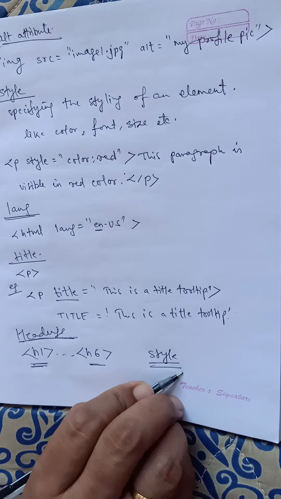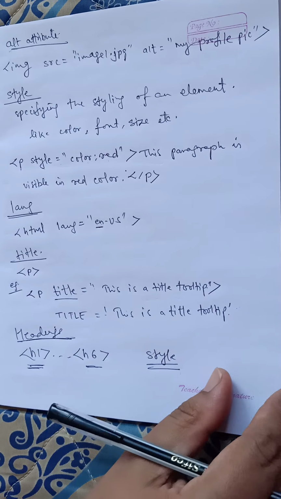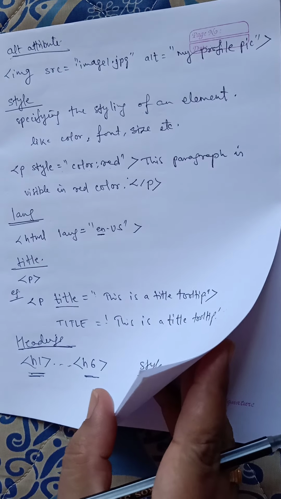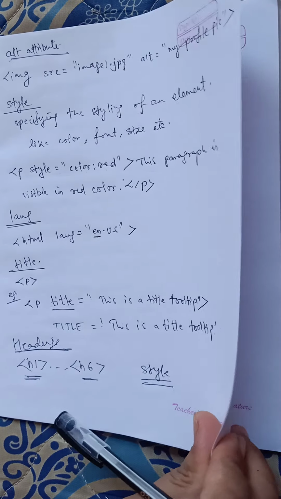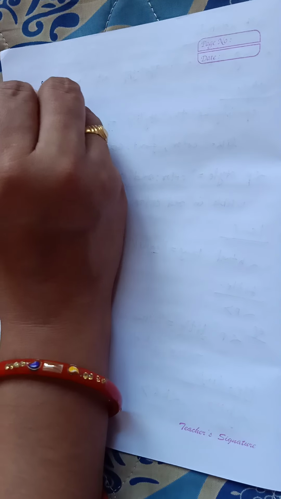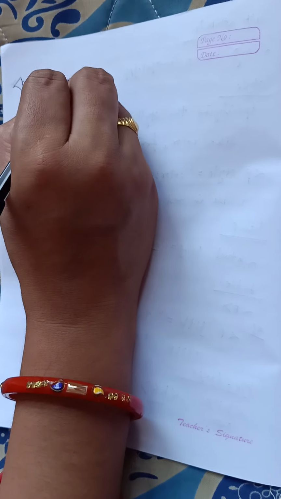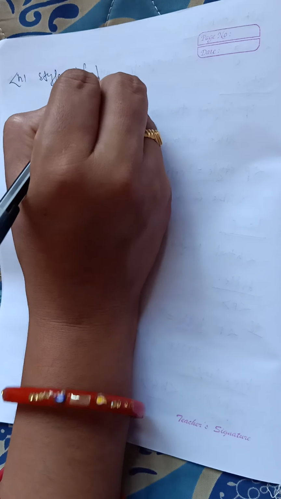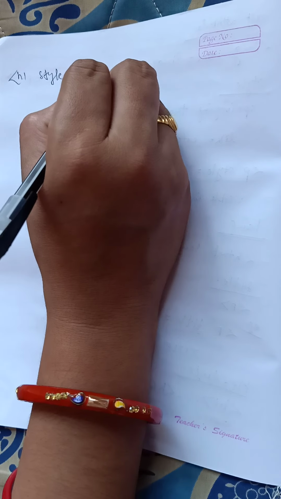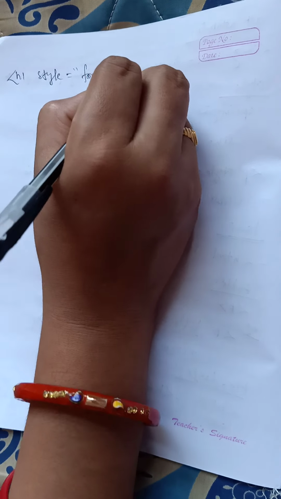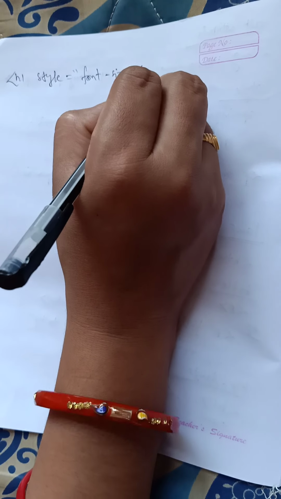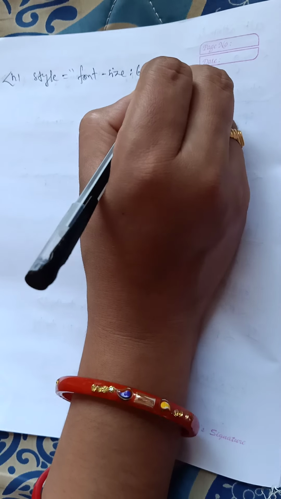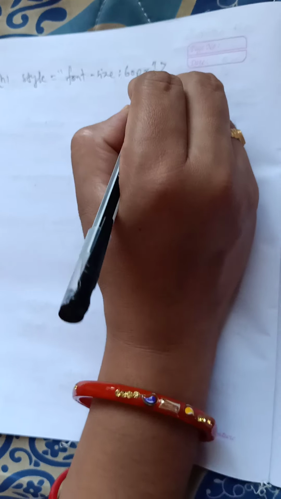So what do we write? We write it like this. We can write H1, then style. The style we have already discussed. Suppose I want to mention the font size, so I'll be mentioning the font size in terms of pixels.